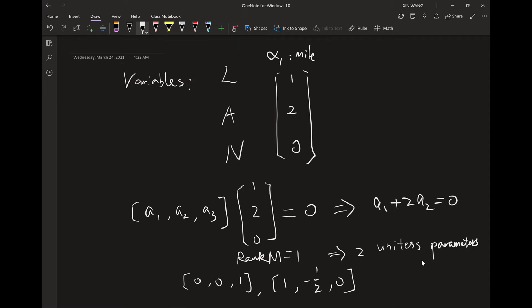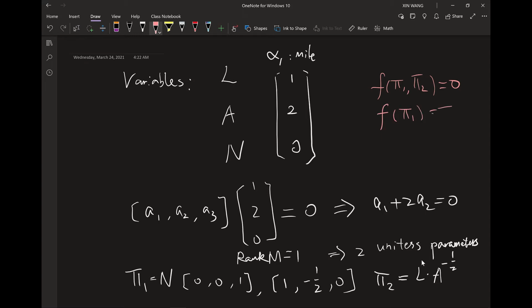The first one is the third parameter n, and the other unitless parameter is L times A to the power of minus half. Then by our pi theorem, we can immediately get the equation, and simply organizing it, we get f of pi 1 equals pi 2.